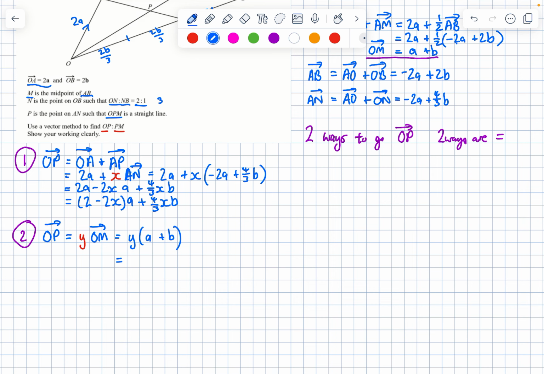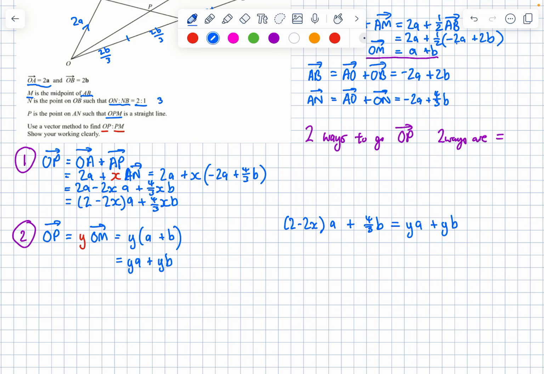We'll do the same thing with this: y times a plus y times b. Now let's make my two things equal to each other because they should end up in the same place. So I've got 2 minus 2x times a plus 4/3 x times b, and that is equal to y times a plus y times b.